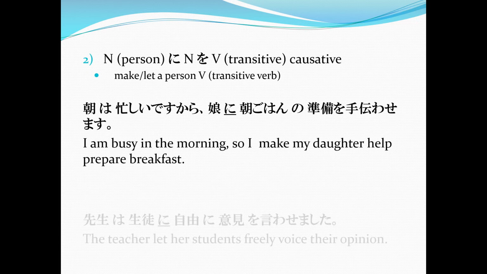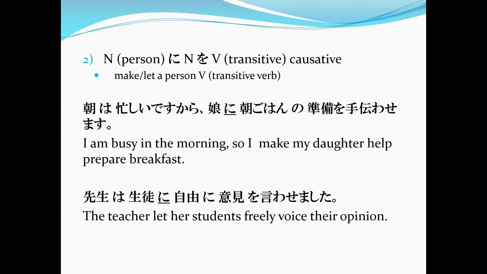And then another example. Sensei wa seito ni jiyu ni iken o iwasemashita. Okay, now don't get confused, maybe you're asking why there are two ni particles. It's just that the second ni is used for the word jiyu as a particle.